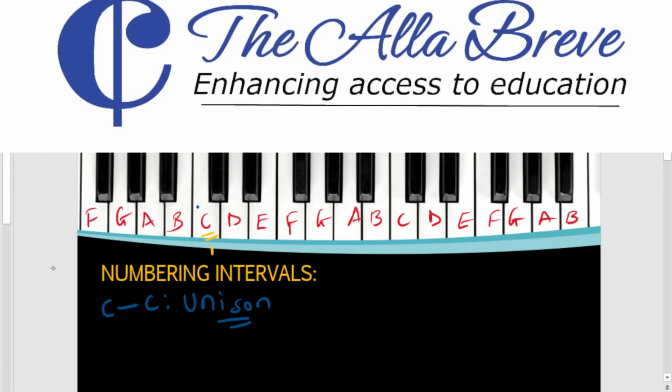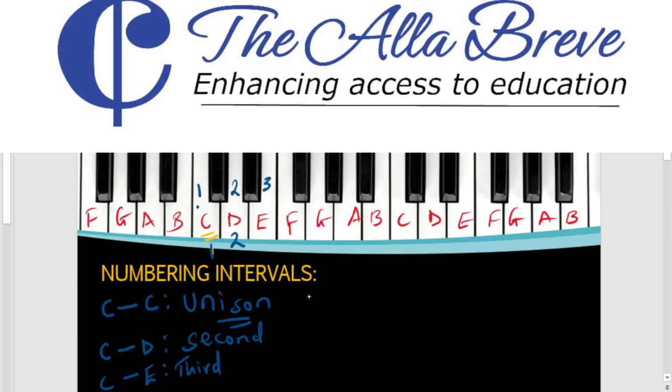Let's consider C to D. You play C, then you play D. So you call this 1, and then D becomes 2. So the gap in between them will be called a second. Let's still consider C. We go to E. So C is 1, D is 2, E is 3, and therefore we call it a third.